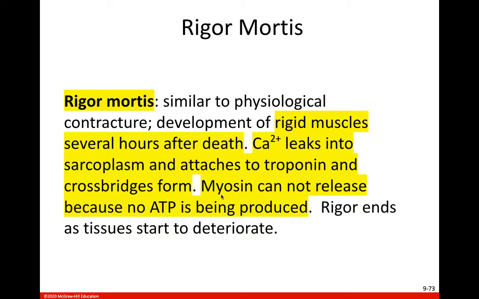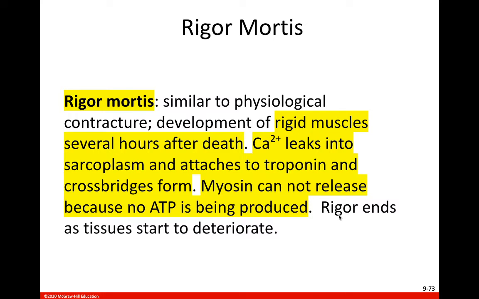And again, remember, ATP is required for that myosin to release. Well, since there's no ATP being produced, there's no ATP available to attach to the myosin head, so the myosin cannot release from the actin. And so therefore the muscles get rigid and stay rigid.